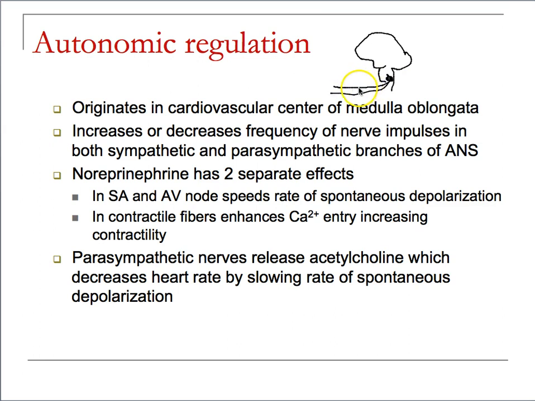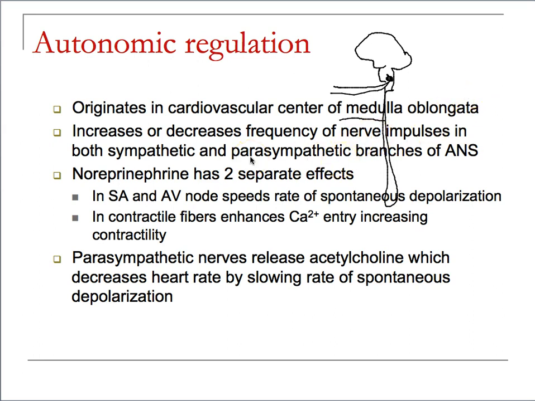And what we want to do is we want to make sure that you remember that if this is the continuation of the spinal cord, somewhere around here, the cardiac accelerator nerves can actually exit as well. Okay? You can increase and decrease the frequency of nerve impulses by utilizing both sympathetic and parasympathetic branches.